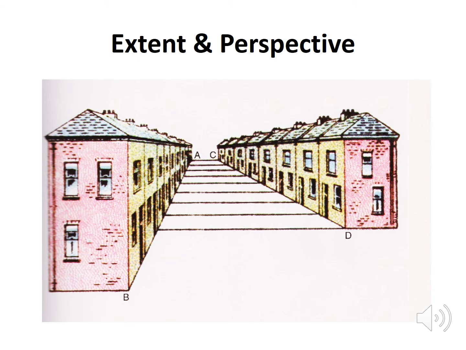So this illusion basically is using the extended perspective of this image, and you would probably think that the distance from A to B is larger than the distance from C to D. However, if you go and measure it with a ruler, you can see that they are exactly the same. So again, here our perception is tricking us a little bit into believing that CD is shorter than AB.